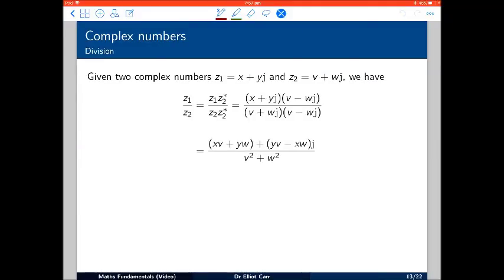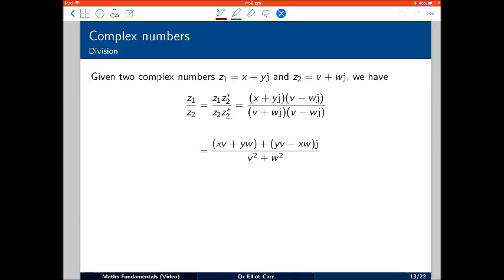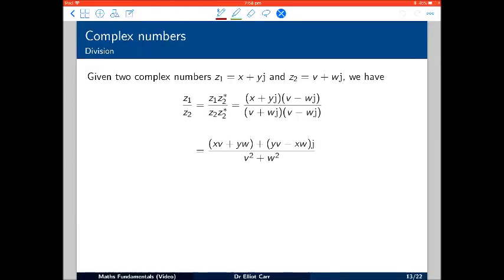To divide two complex numbers, what we do is multiply by the conjugate of the denominator. The denominator is z2, so I multiply the numerator by the conjugate of z2 and the denominator by the conjugate of z2.